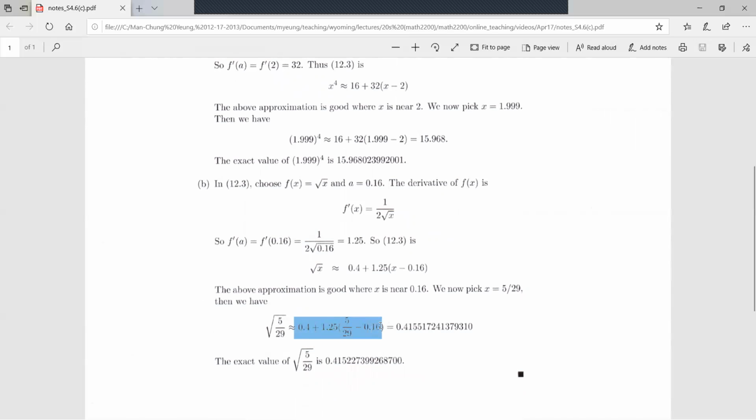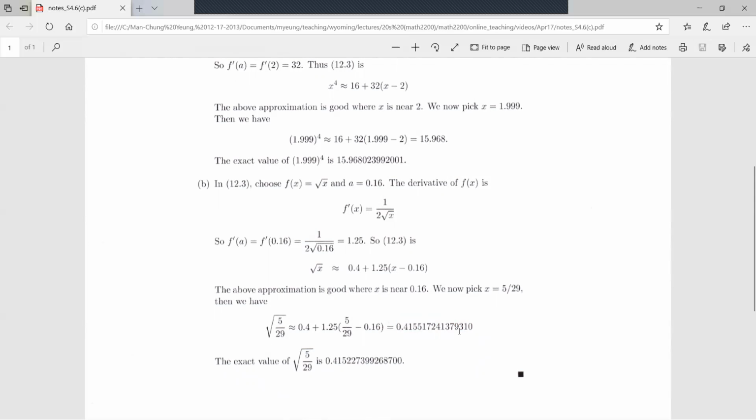Use the calculator for this sum, then we get this number. This number is from the tangent line. It is an approximation of this quantity.